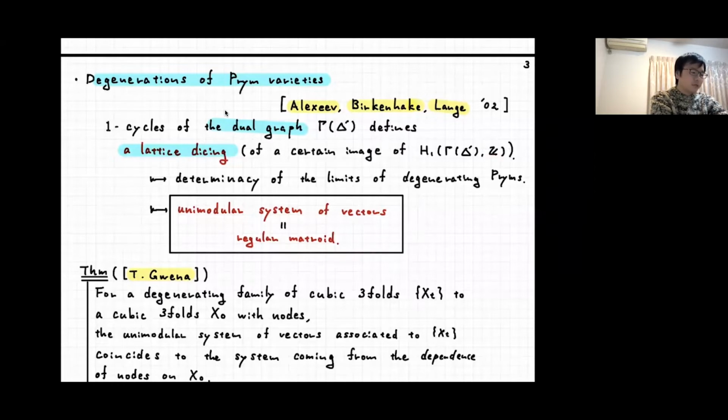By observing this lattice dicing, we obtain a kind of criterion about the determinacy of the limits of the degenerating Pryms.